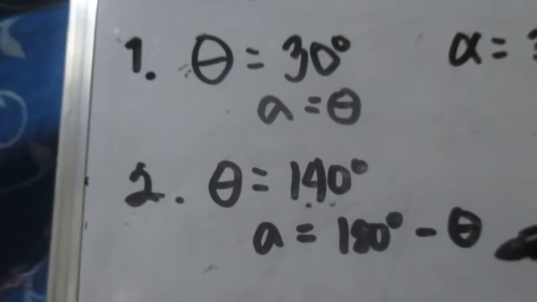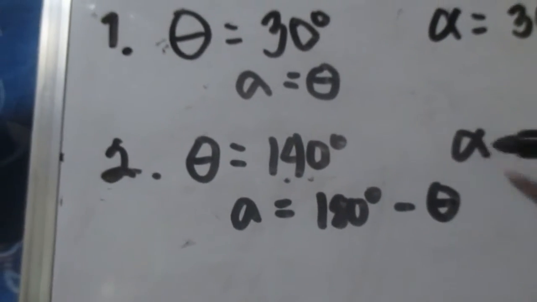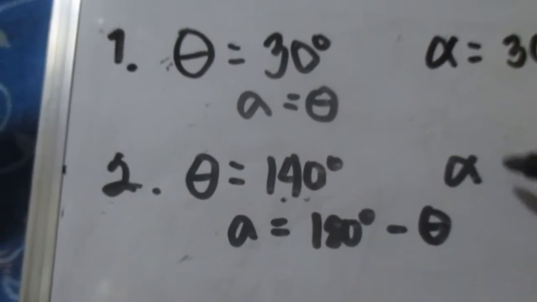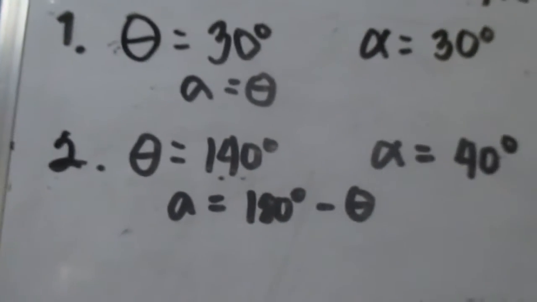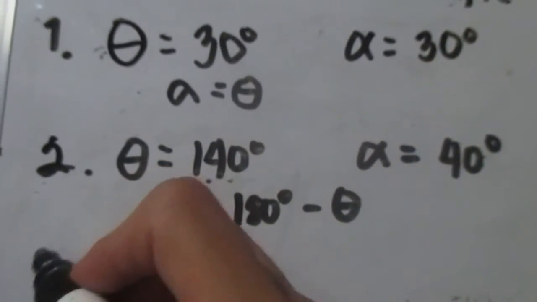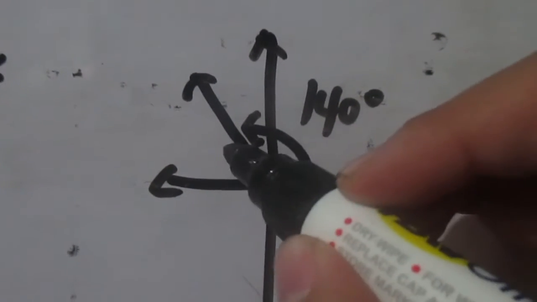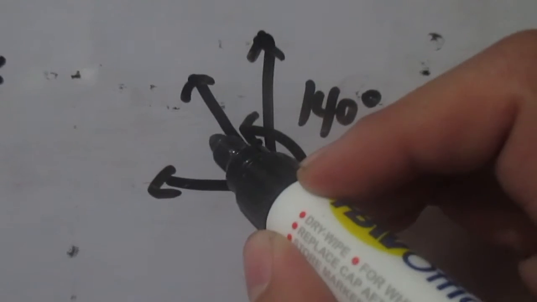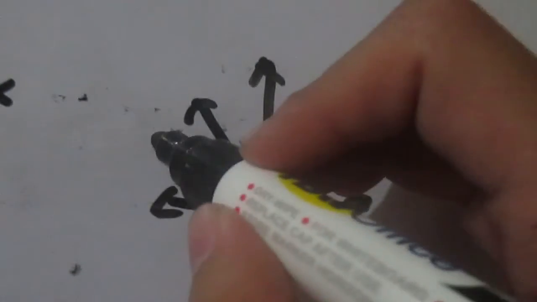So if theta is 140, the reference angle is equal to 180 minus 140, which is 40 degrees. Next, let's have the illustration. So we have 140 degrees as theta and the reference angle is located in this one, which is 40 degrees.